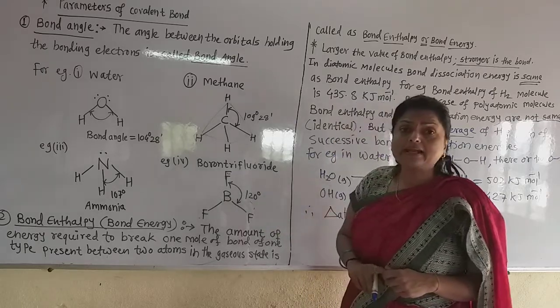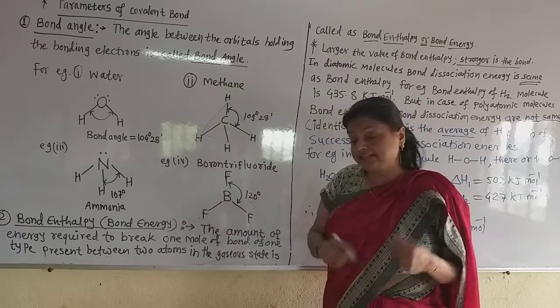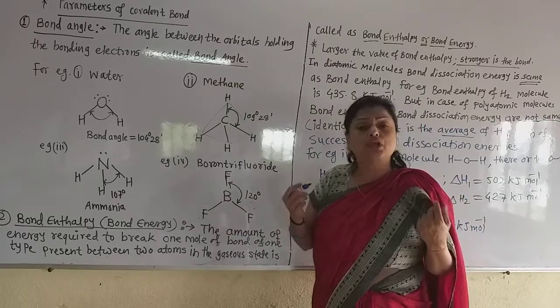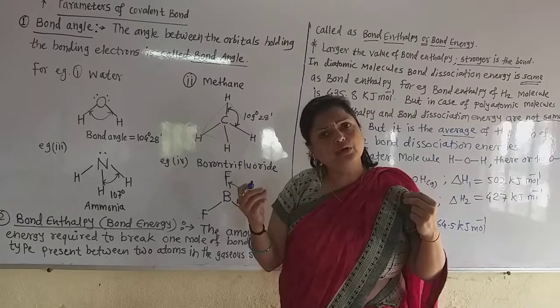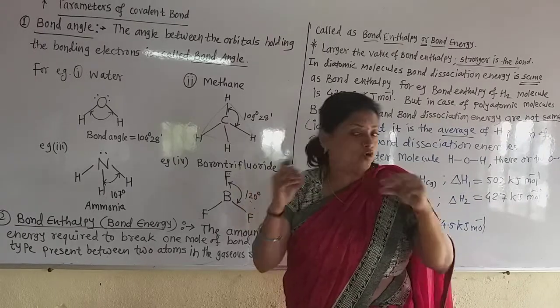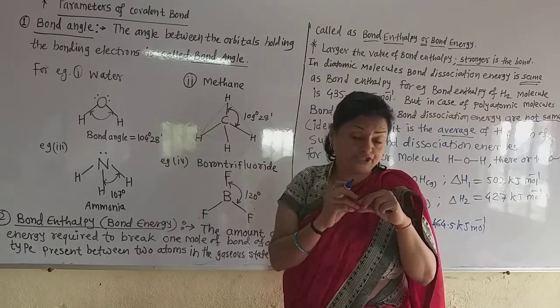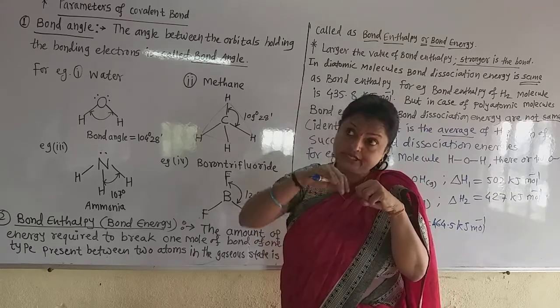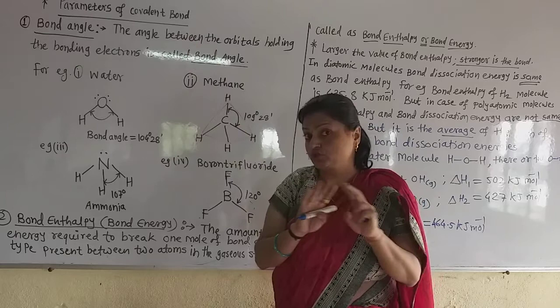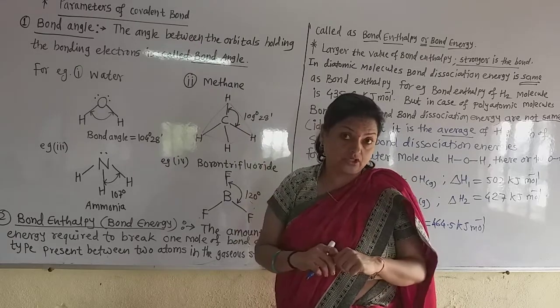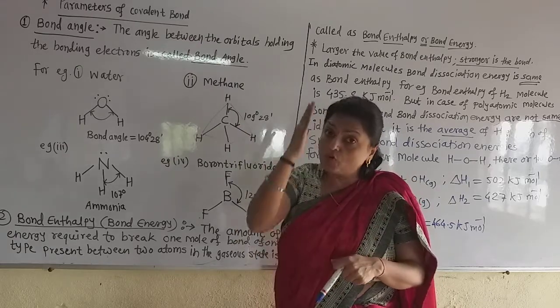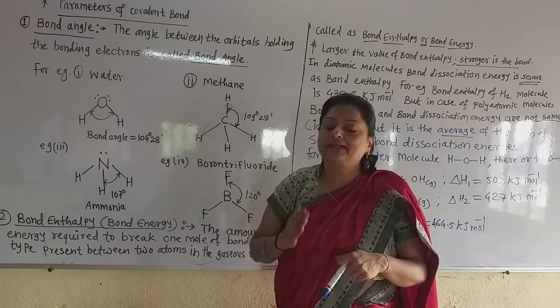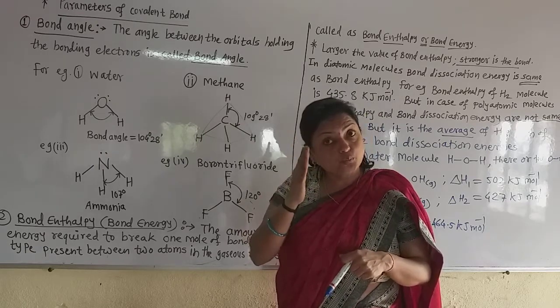Now the second parameter is the bond enthalpy. Enthalpy means energy, remember that. We cannot measure the bond formation energy. When a bond is formed between two atoms, energy is evolved, and that energy is not measured by us, but we can measure the bond dissociation energy, that means the energy required to break the bond.